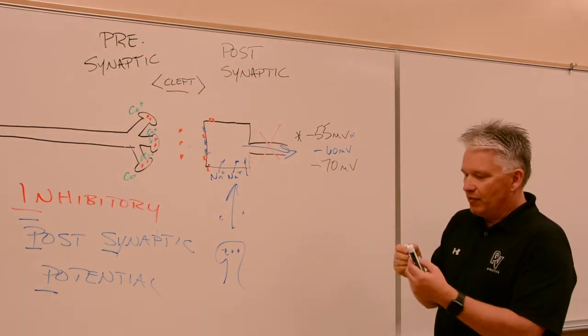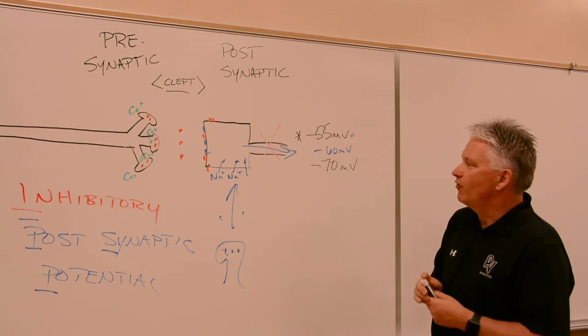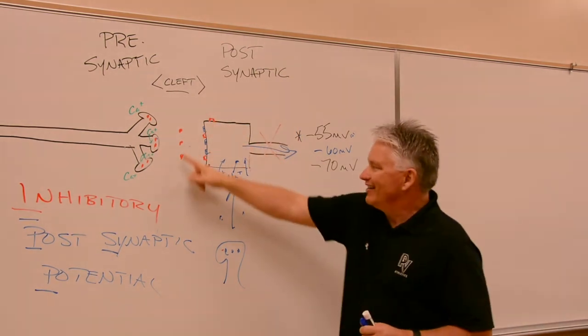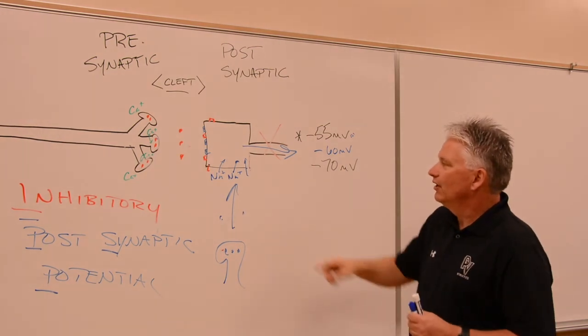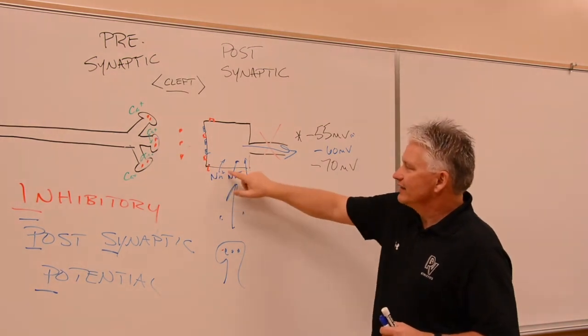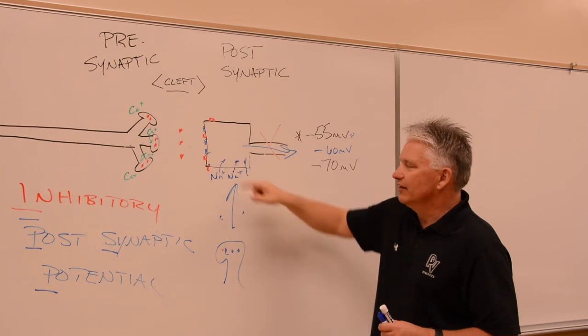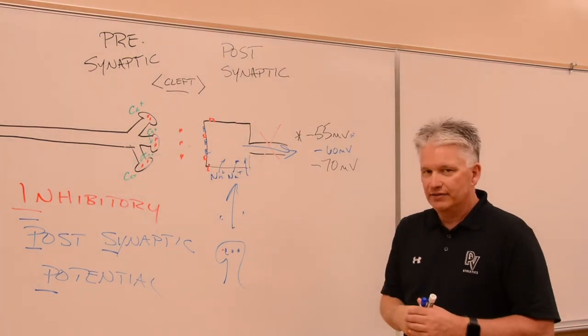The last thing I want to mention about this, because I didn't say it before, if we're thinking about a dendrite in this postsynaptic structure, these gates for sodium and potassium are chemical gates.